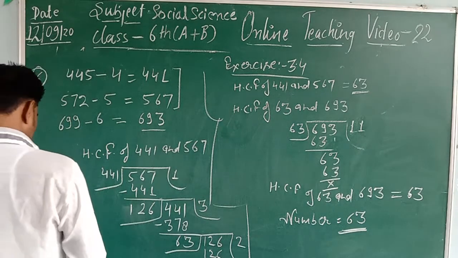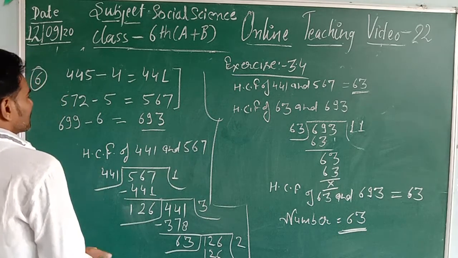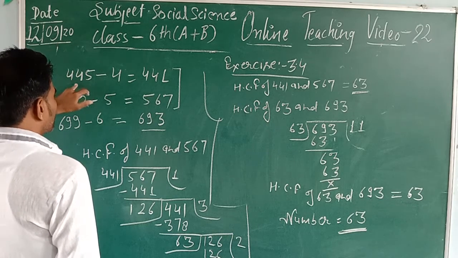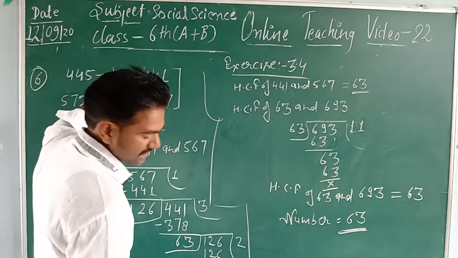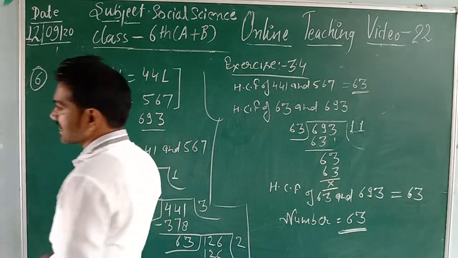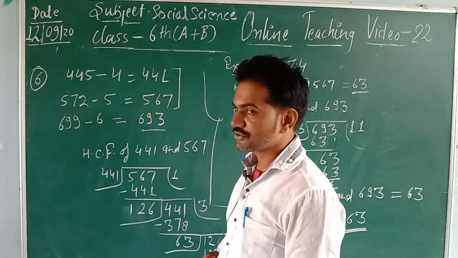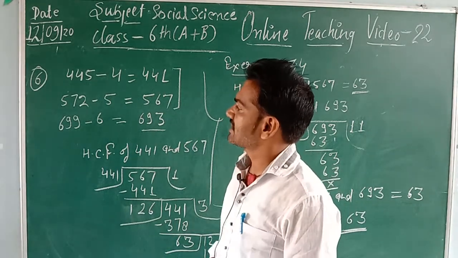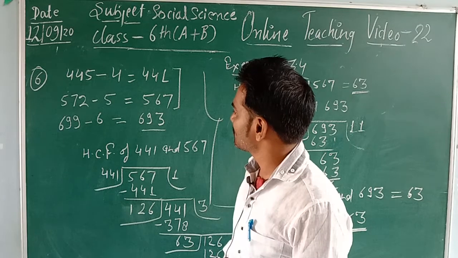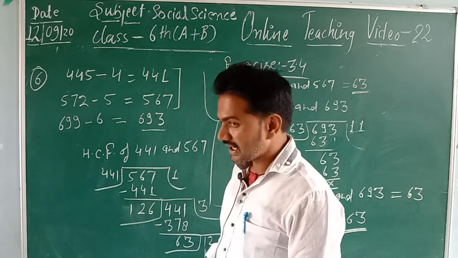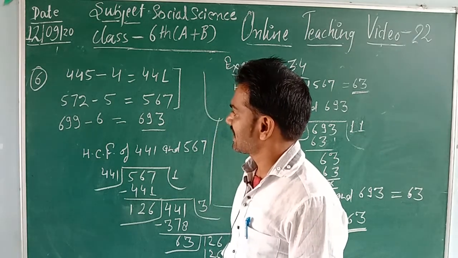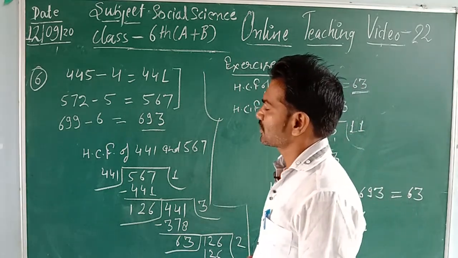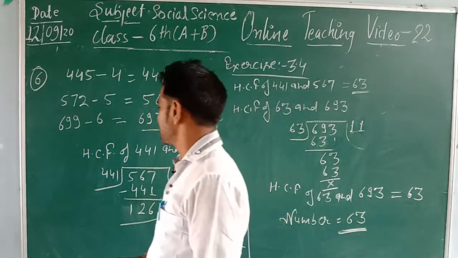To find it when remainders are given, we subtract respectively: 445 minus 4 gives 441, 572 minus 5 gives 567, and 699 minus 6 gives 693.